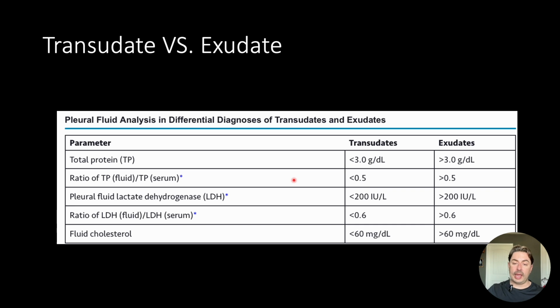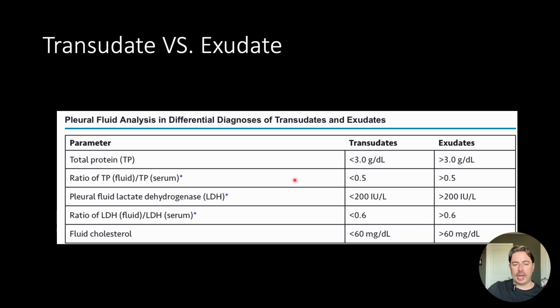We've talked about a thoracentesis before, and in that thoracentesis, it is draining the pleural fluid from the pleural space. Part of what we can do with that is measure the pleural fluid through our arterial blood gas machines.